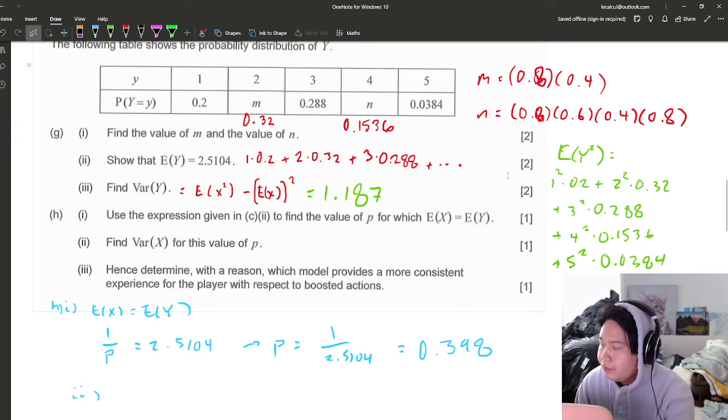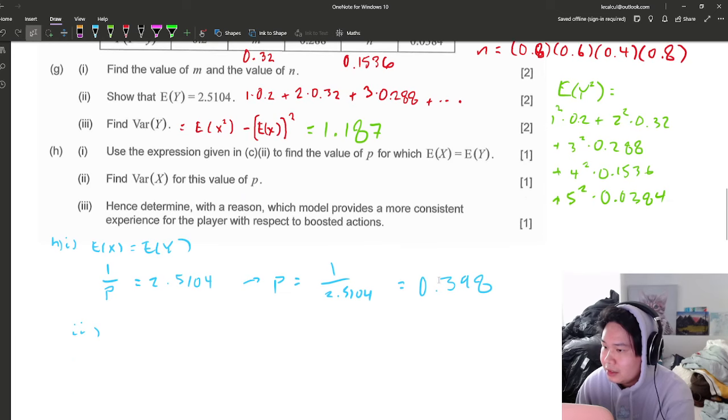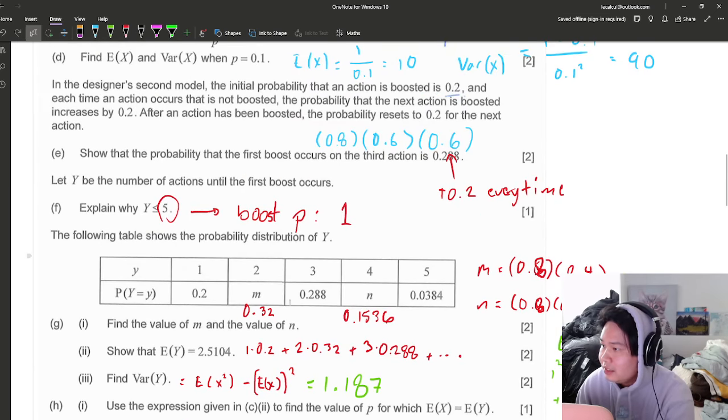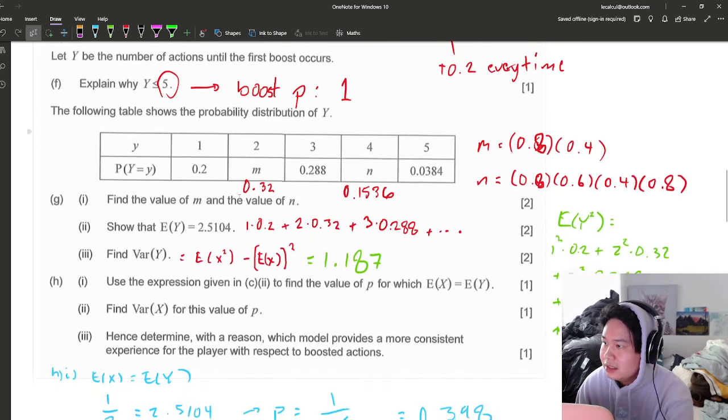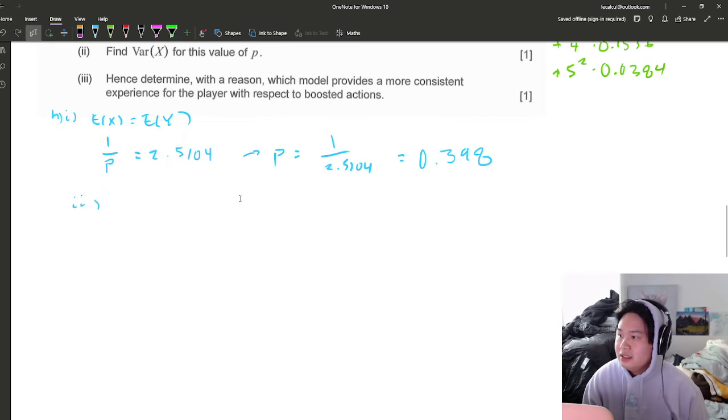Okay, next up. Find the variance of X given this value of p. So if this is the value of p, then, oh, here's the formula for variance that they told us. So we'll just use that instead of the long complicated one.